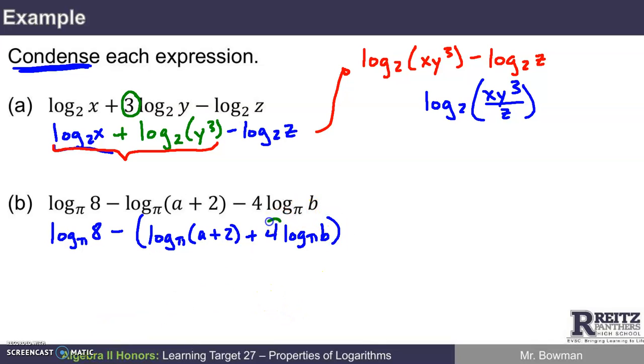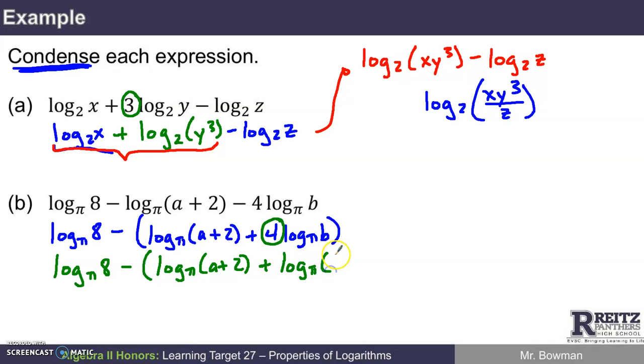Well, I see a multiplication that can be written as a power of the input. So let's do that move. We've got log base pi of 8 minus log base pi of a plus 2 plus log base pi of b to the 4th.